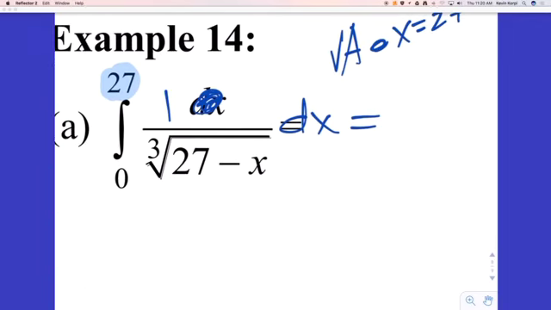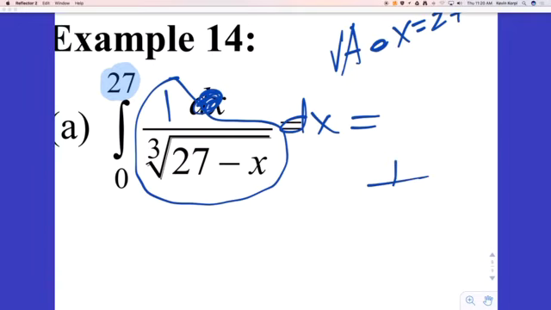Using your intuition, as we approach 27, the vertical asymptote, do you think we approach it fast enough to converge or diverge? Look at the function. Yes, converge. Because this function is basically a transformation of 1 over the cube root of x, which is 1 over x to the 1/3, which we have more experience with.